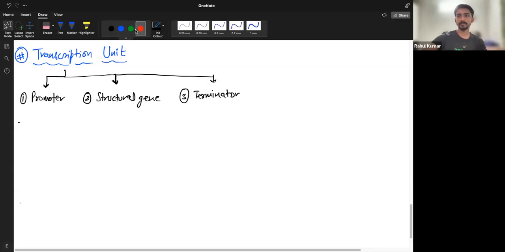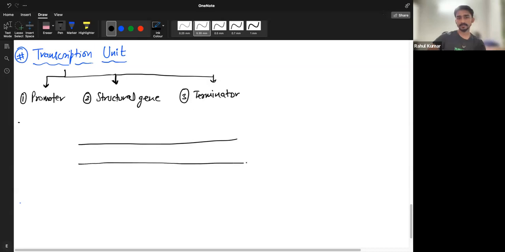Okay, and if I draw it for you, let's say this is a double-stranded DNA. Let's mark this as 3' to 5'.